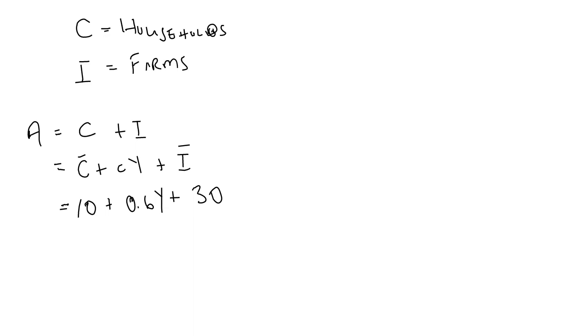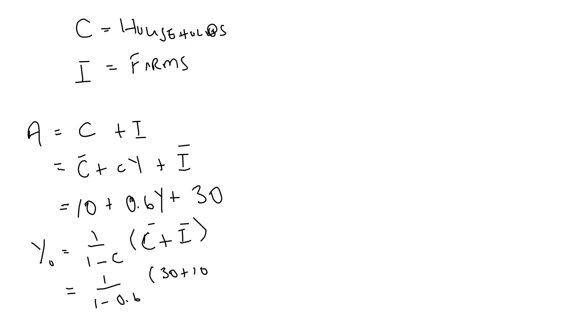Now, what they're going to ask us is that we need to figure out what the equilibrium is. And we realize from before, equilibrium in this case is 1 over 1 minus c multiplied by your autonomous spending, which in this case is just C plus I. If you put these together, just follow with me, it's 1 over 1 minus 0.6 multiplied by 30 plus 10.